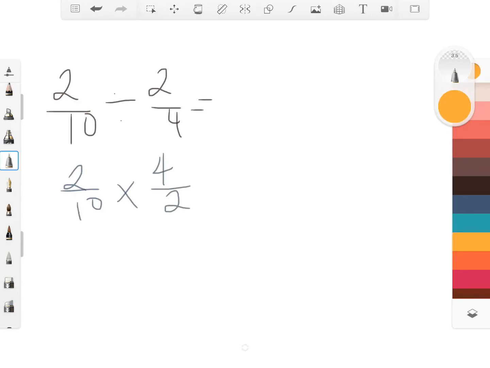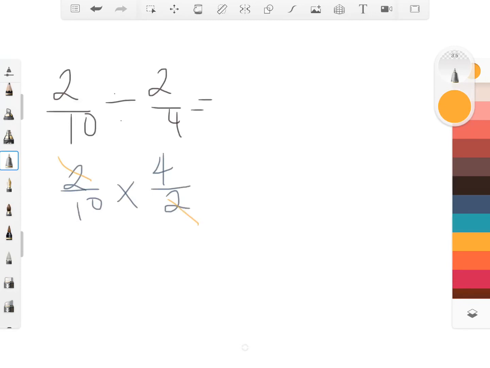And again, since you can still further reduce each of the fractions, either you do this or you do that. For me this time, I will do the cross multiplication process because it's easier. This 2 here will cancel out the 2 here because they're the same. And 10 and 4 can be divided by 2, which is their greatest common factor.